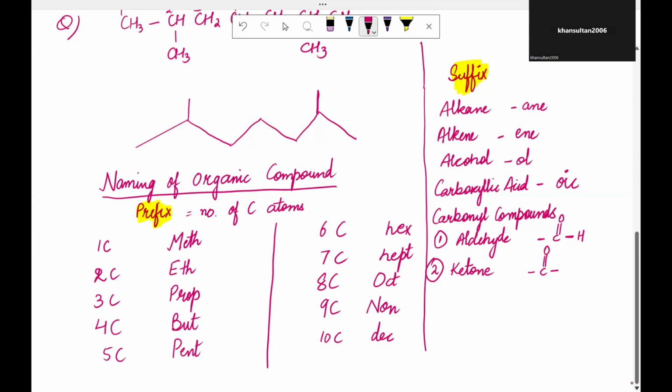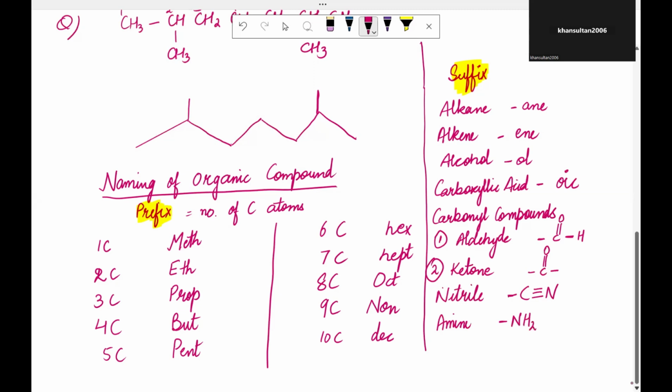Okay. Now we are having nitrile group. For nitrile group, it's basically C triple bond N. And for amine group, it's basically NH2.